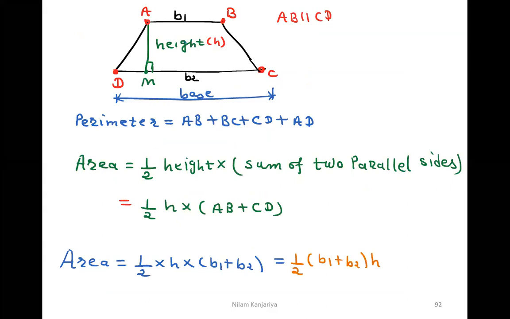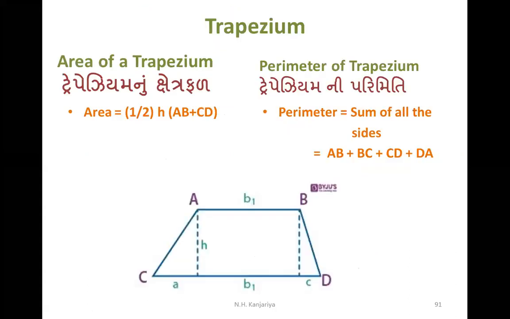This side is known as a base, and the two non-parallel sides are known as legs. So the sum of two parallel sides is the base. From the formula of base, we get the trapezium formula. This is also denoted in this figure. So this is your trapezium formula.